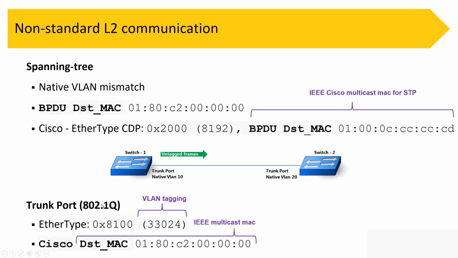The IEEE also has a recommendation for VLANs. In the very past, Cisco had ISL for VLANs, but at the moment everybody is using .1Q VLAN tagging, which is the IEEE standard, and it's using the Ether type 33024.